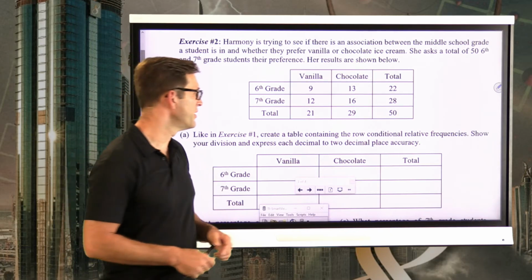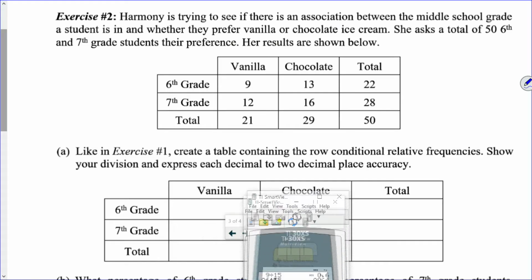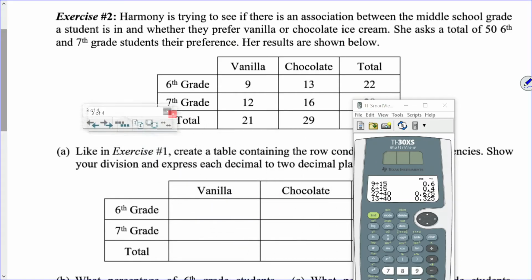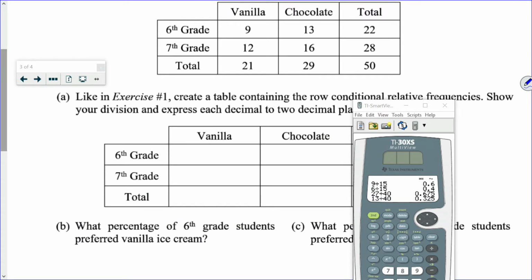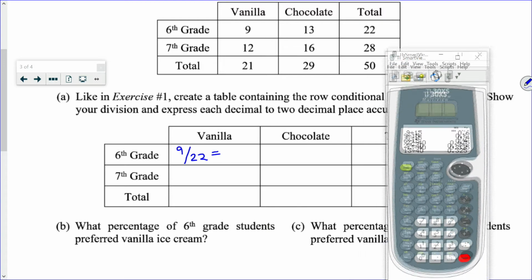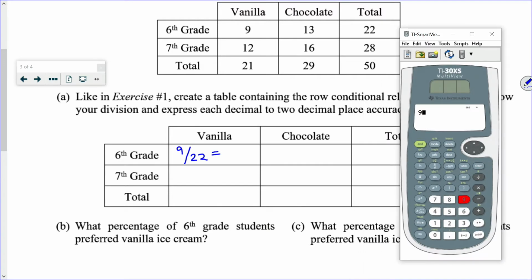All right, let's do it. Bring our calculator back up. Maybe bring this over here, scroll up a little bit to give us a little more room. That'll be enough. All right, here we go. So we want to do vanilla divided by the total. Clear that out, 9 divided by 22, and that gives us 0.41.